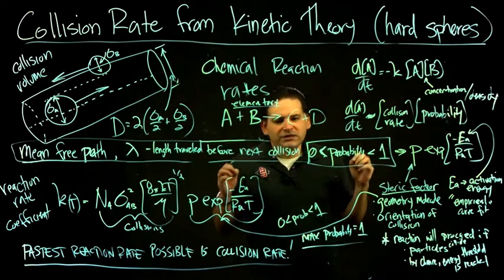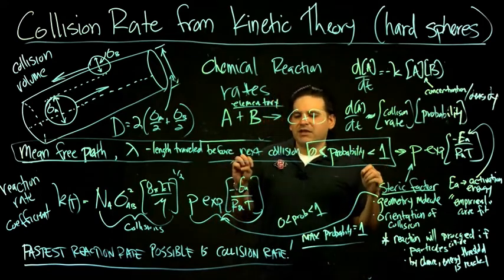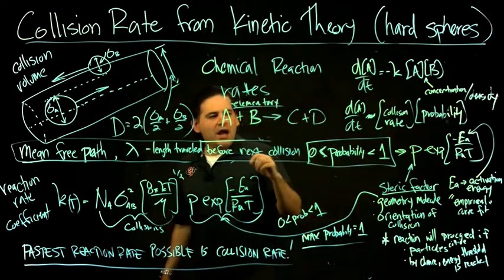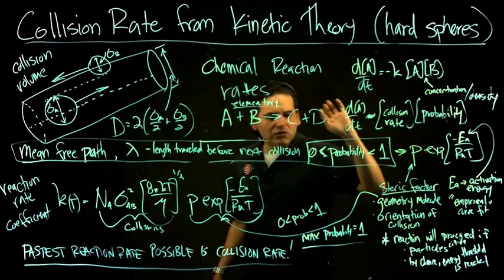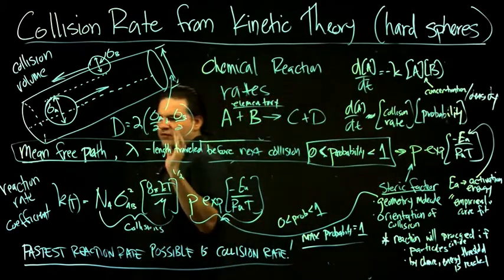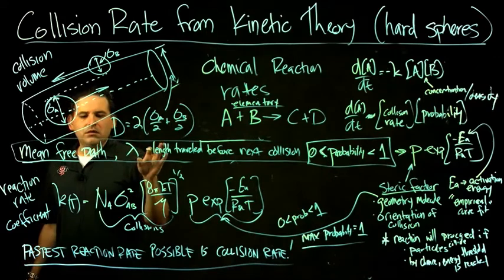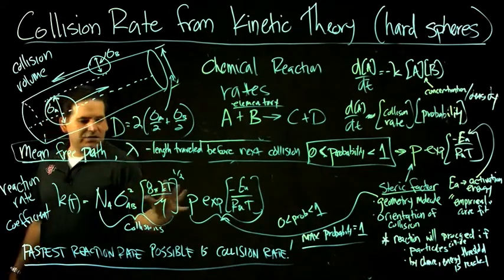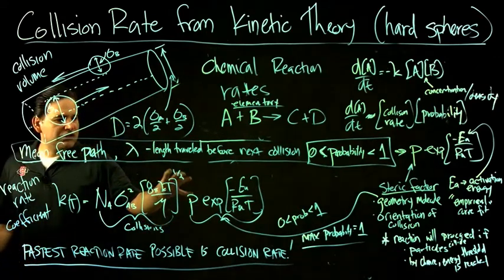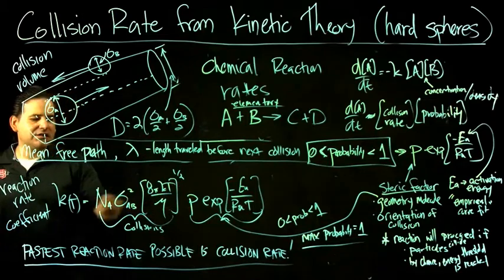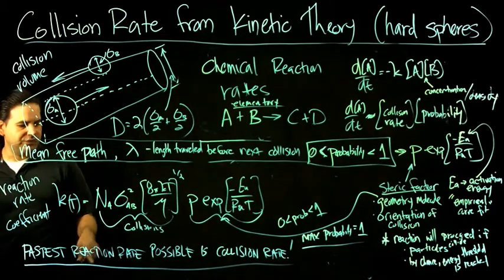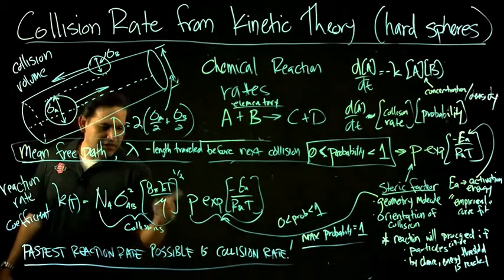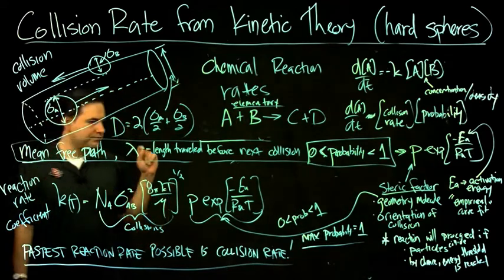But if you wanted to physically describe what's actually happening, the actual rate coefficient that you come up with, if it's a physical, real model, has to match this constraint that you cannot have a reaction rate coefficient faster than these particles can collide.